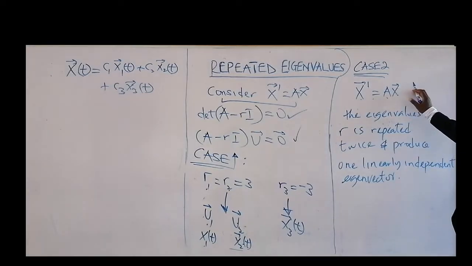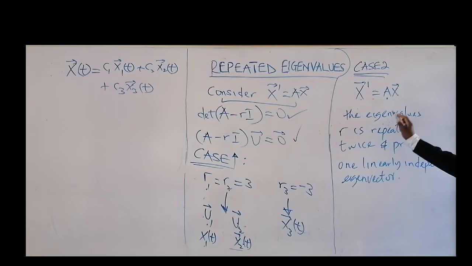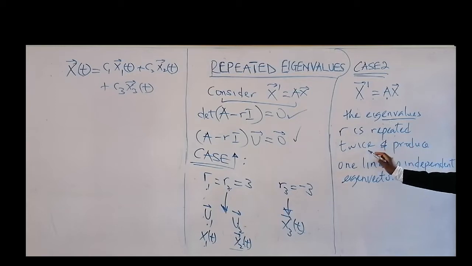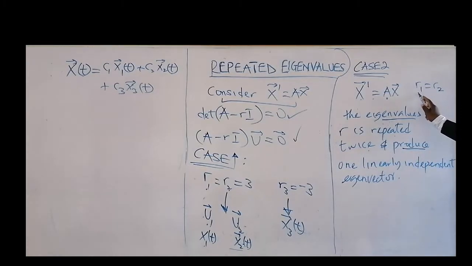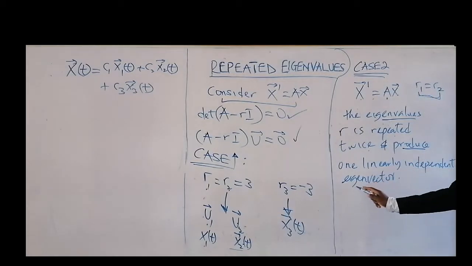What we are saying here is that the system generates eigenvalues which are repeated twice. R1 is equal to R2, and it now produces just one. These are two values which are the same, and they now produce one eigenvector, one linearly independent eigenvector.